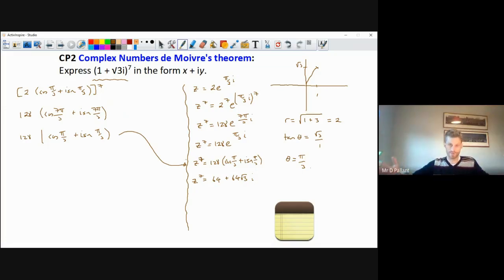So either way, we've got our complex numbers in x plus iy, we've got them in exponential form, and we've got them in modulus argument form. These forms, modulus argument and exponential, are much more useful because we can apply de Moivre's theorem straight away, whereas x plus iy is quite useful for plotting on an Argand diagram.